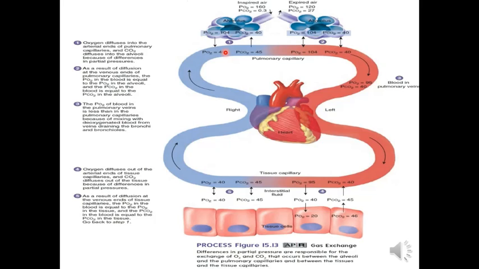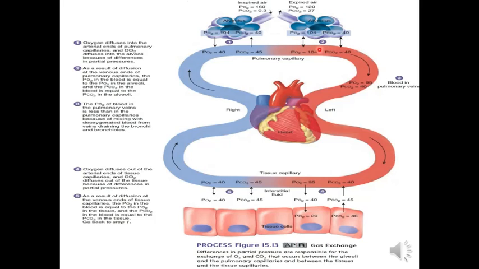For carbon dioxide, there is a high partial pressure in the blood capillaries compared with the alveoli, so carbon dioxide will diffuse into the alveoli. So gas exchange occurs here.